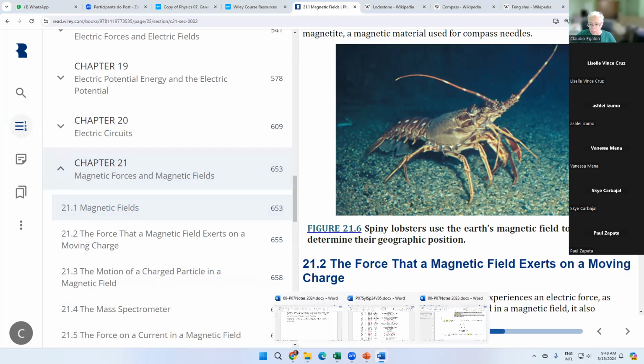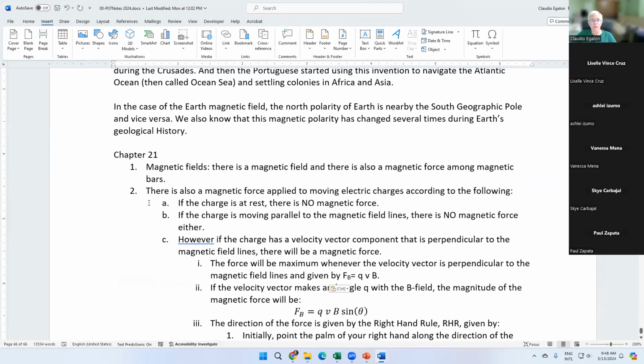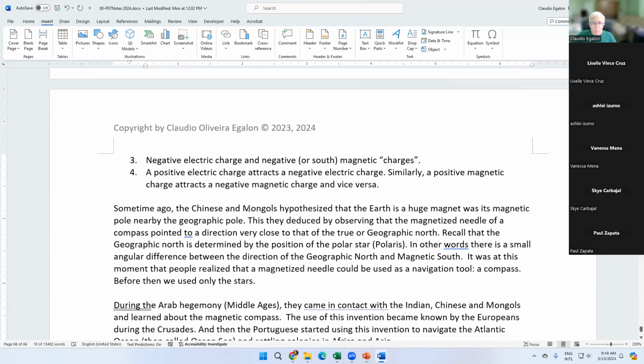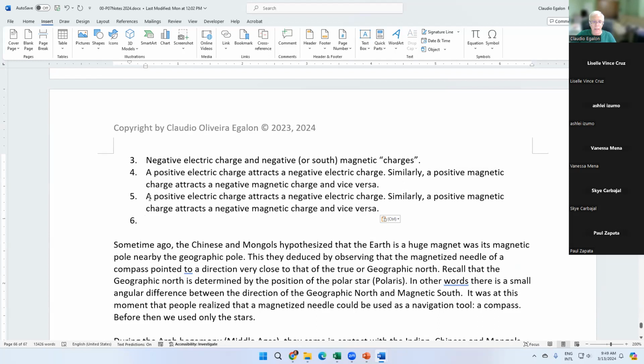And now we're going to get into what really matters, mathematically speaking, right? Here you go. So here's this chapter 21, right? There is a magnetic field and there is also magnetic force among magnetic bars. Oh, and I forgot to put one more thing here. A positive electric charge attracts a negative electric charge.